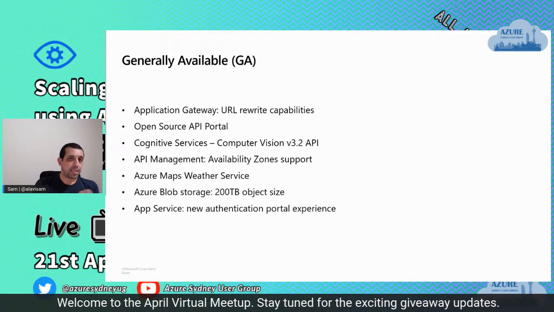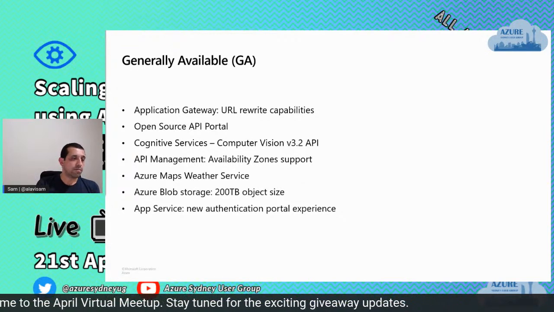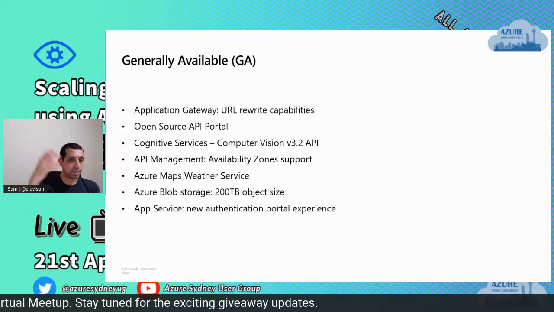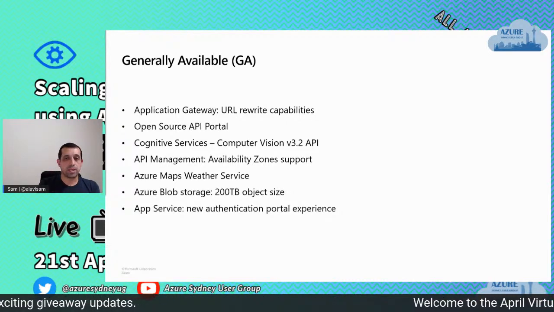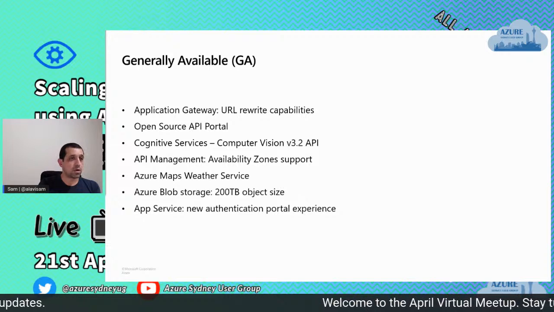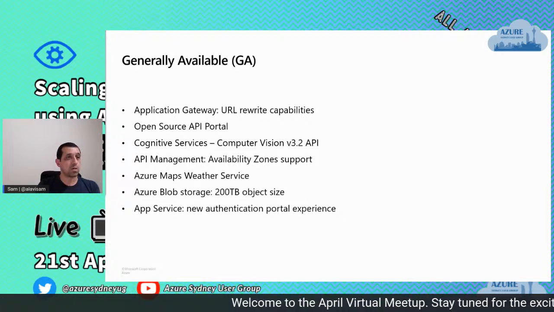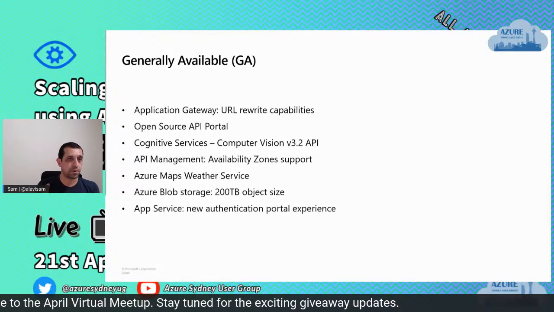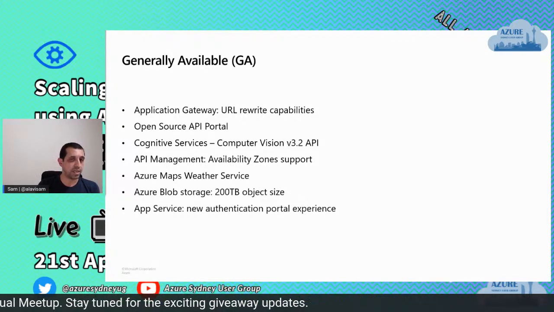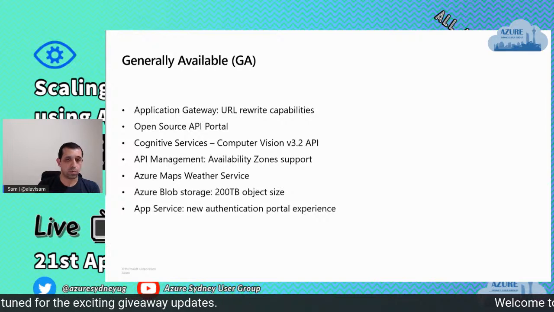It updated the content moderation model, which is very useful for detecting, for example, adult content in a variety of forms. And the third one is the OCR API, also updated, which comes with support for 73 different languages.